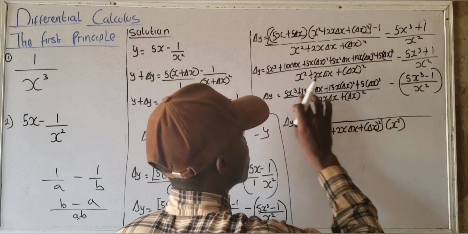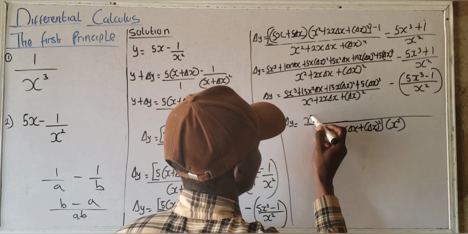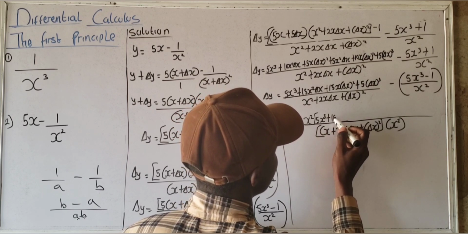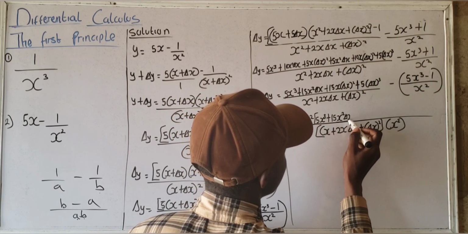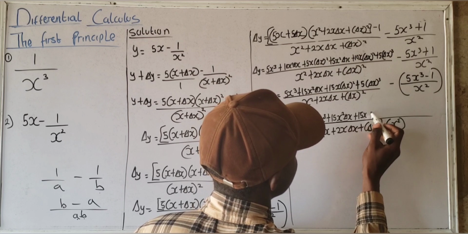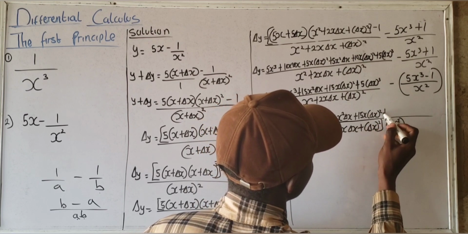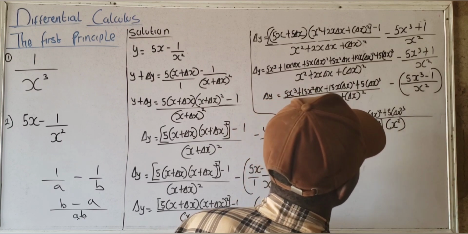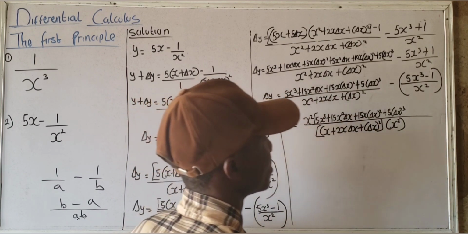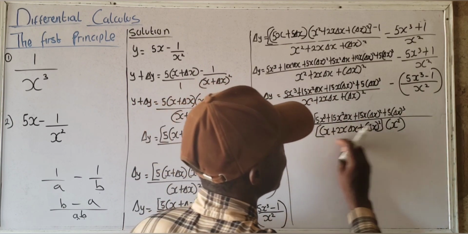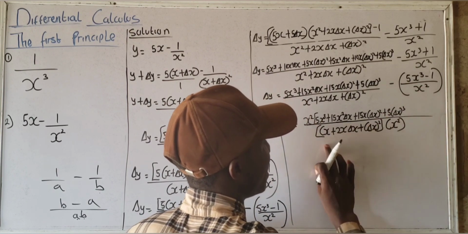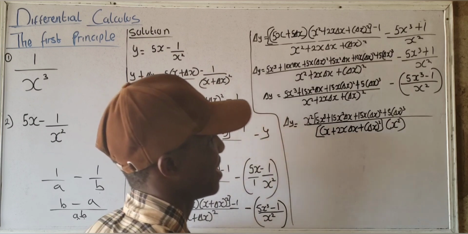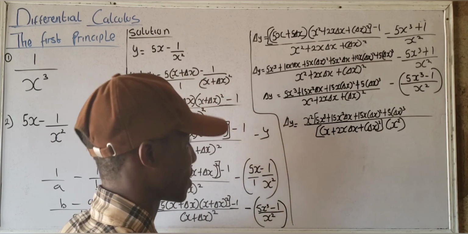X squared. X squared times this, I'm going to have x raised to the power of 2 multiplied by 5x raised to the power of 3 plus 15x raised to the power of 2 delta x plus 15x delta x raised to the power of 2 plus 5 delta x raised to the power of 3. Okay? Now, this divided by this, that is what? This piece cannot contain the solution, okay? Let's look at what we can do.